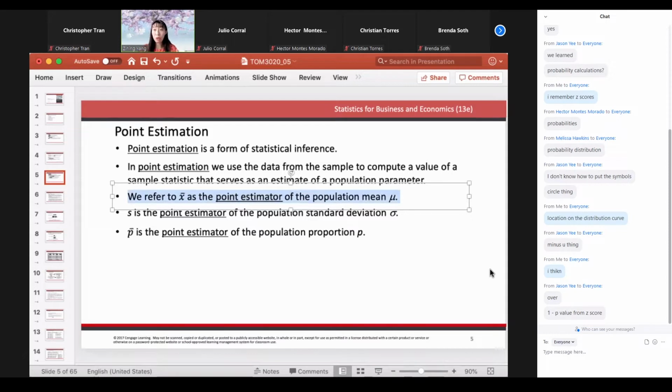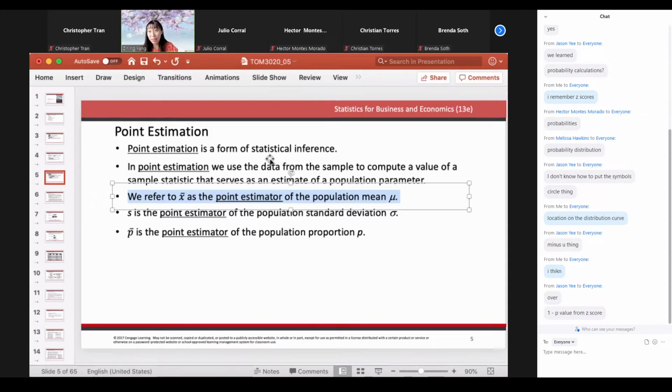So if I don't have time to look at thousands of business school students, I only have time to look at 18 students from this class, then, okay, look at the homework average score, right? To use the mean from the sample to estimate the mean of the population. So that's the one value we use.